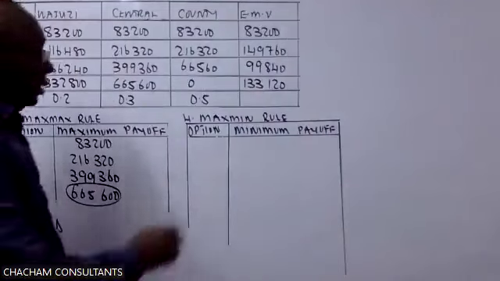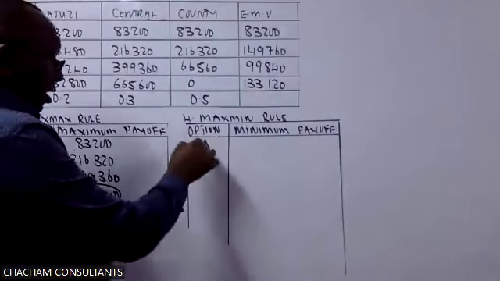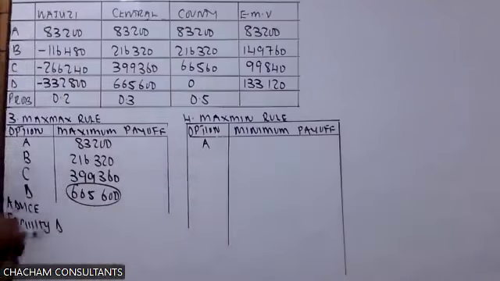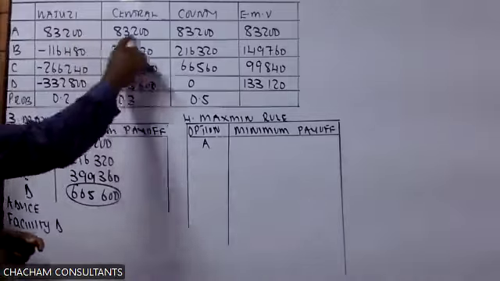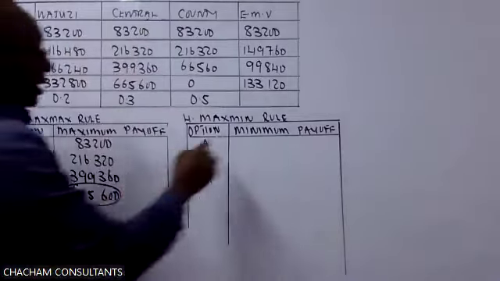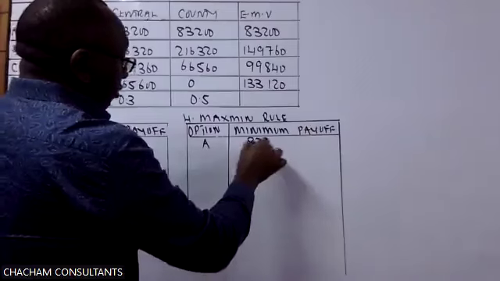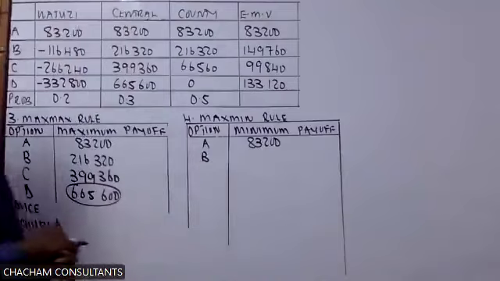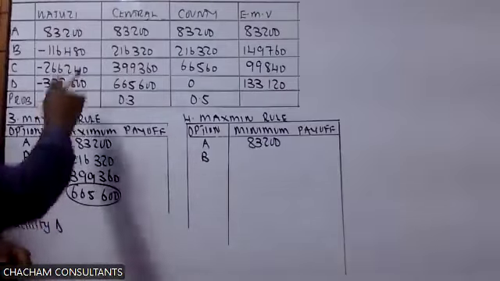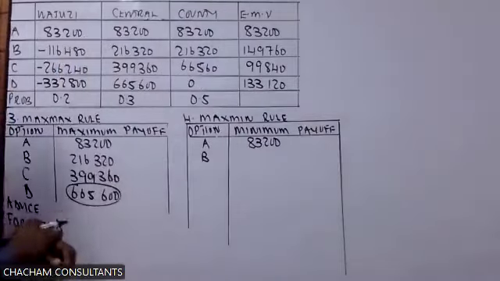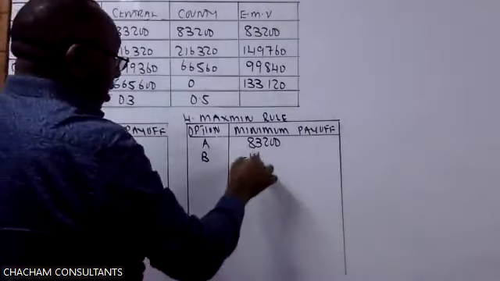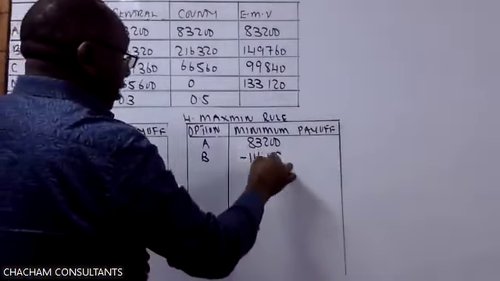So we start with A. When you start with A, you run through these 3 and you find that the minimum is 83,200. You go to B, you run through this and find that the minimum is this one, negative 116,480.